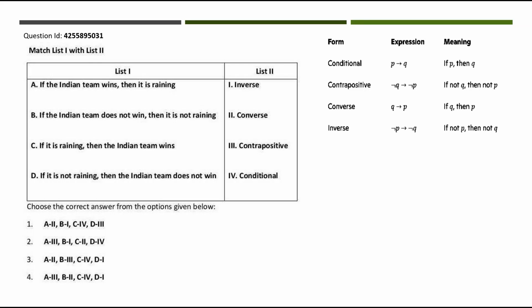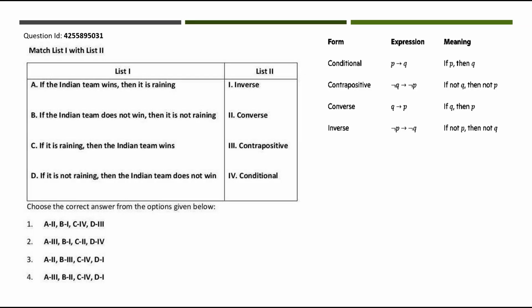We will first understand what is inverse, converse, contrapositive. Conditional statement means P implies Q. So it is if P then Q. What about contrapositive? Negation of Q implies negation of P. This can be expressed as if not Q then not P. What about converse?